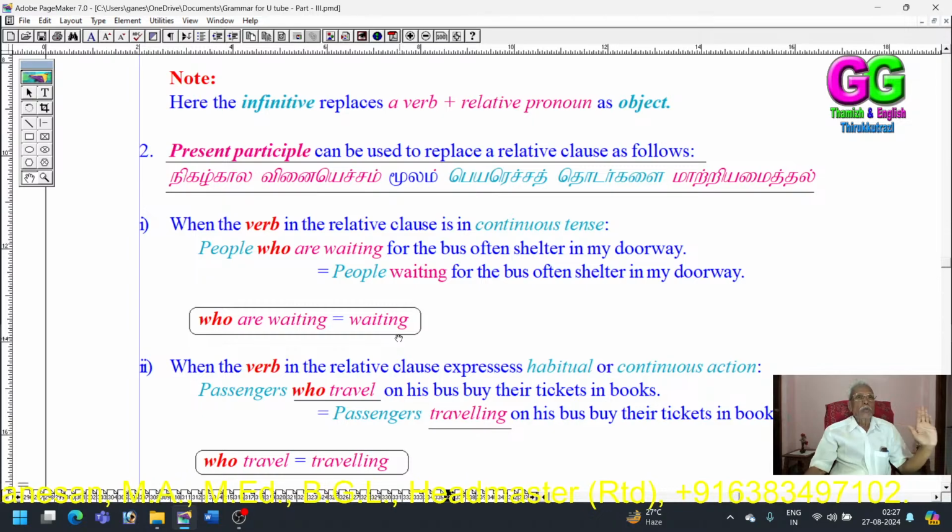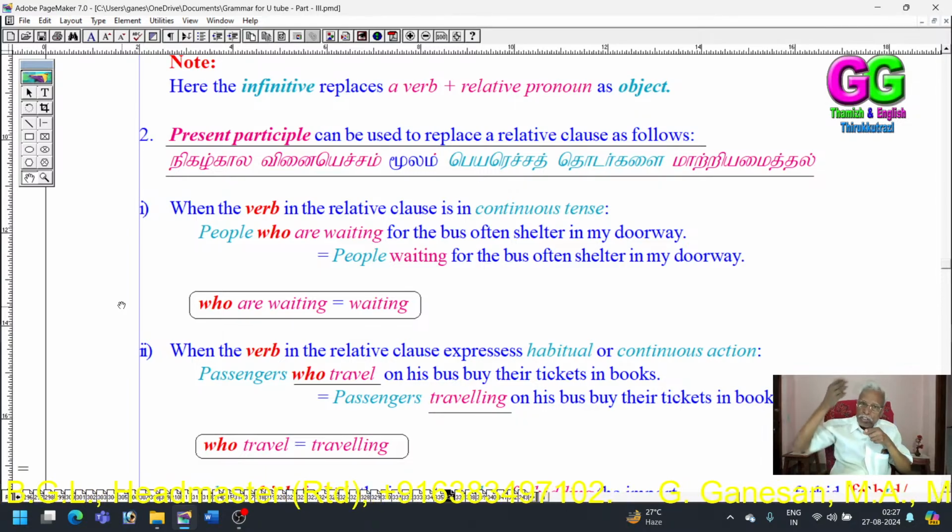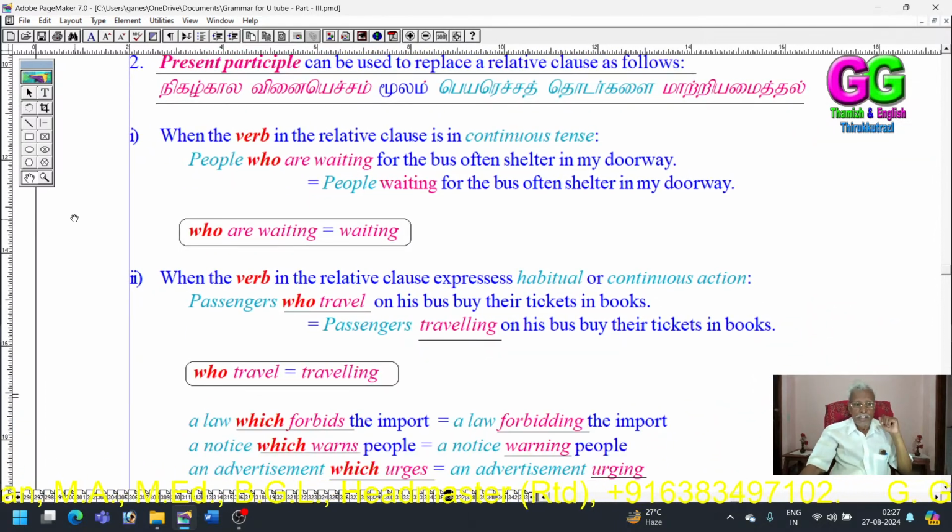Who are waiting is equal to waiting. So rule one for using the present participle is when the tense in the relative clause is a continuous tense. In any continuous tense, present continuous, past continuous, future continuous, that can be replaced by a participle. Then secondly, habitual action.